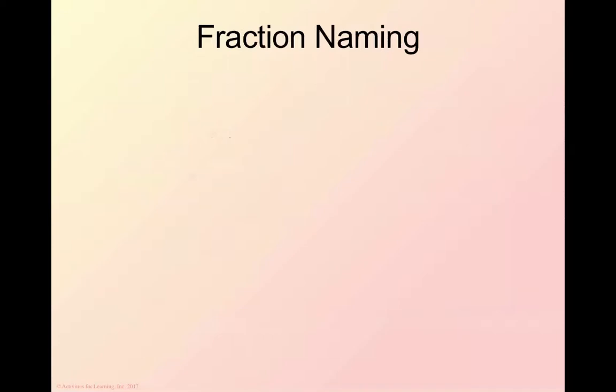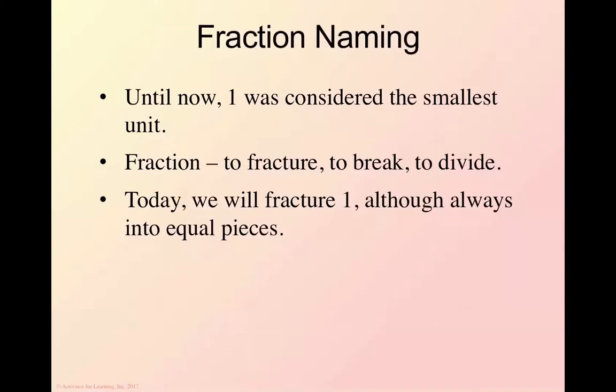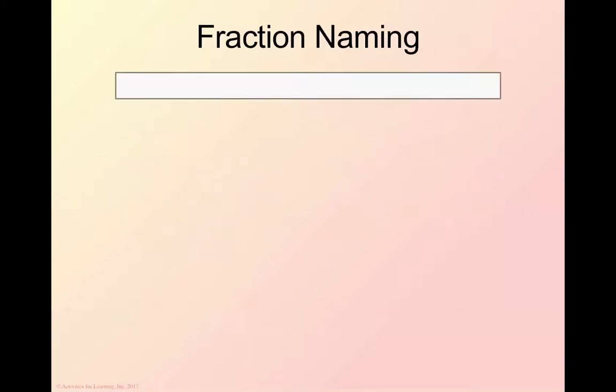So let's look at naming fractions. Up until now, 1 was considered the smallest unit, and fraction means to fracture, to break, to divide. So we're going to fracture our 1, we're going to break it, but it's always going to be into equal pieces. So I'm going to start out with my 1, my whole.